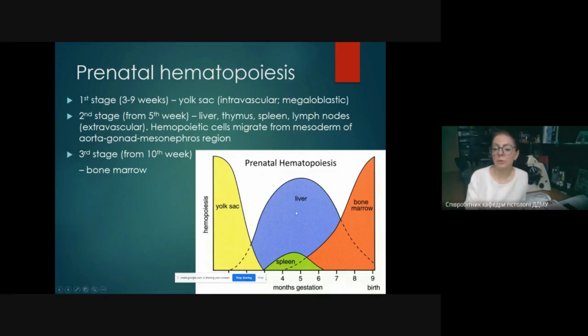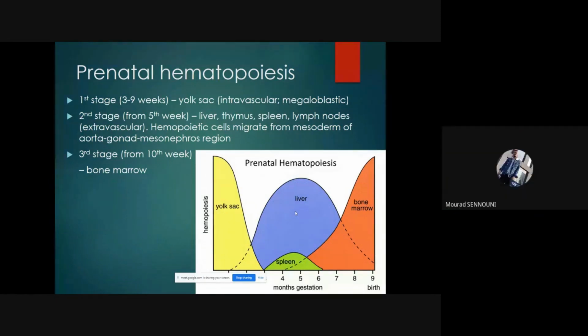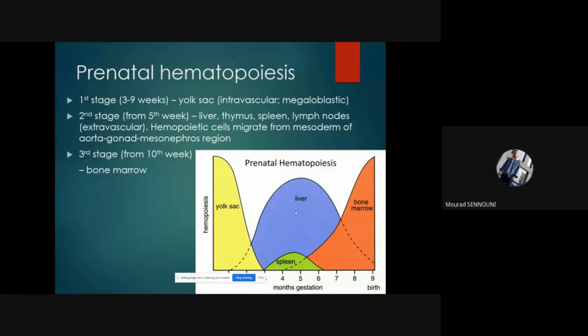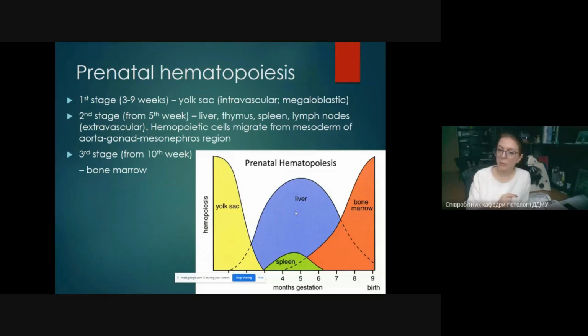Do not forget, before the birth, what type of hemoglobin do we use? Let's remember the previous lecture. We have the hemoglobin of adults, and we have fetal hemoglobin. Fetal hemoglobin, exactly.